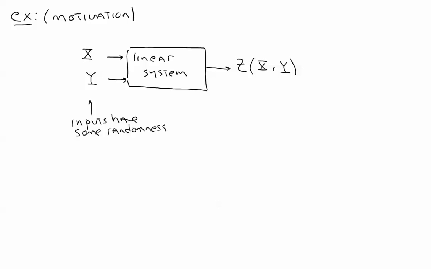Alright, and we'll remember that a function of a function is a function, and we'll also recall that a random variable is a function. So if x and y are both random variables, then z is also a random variable.